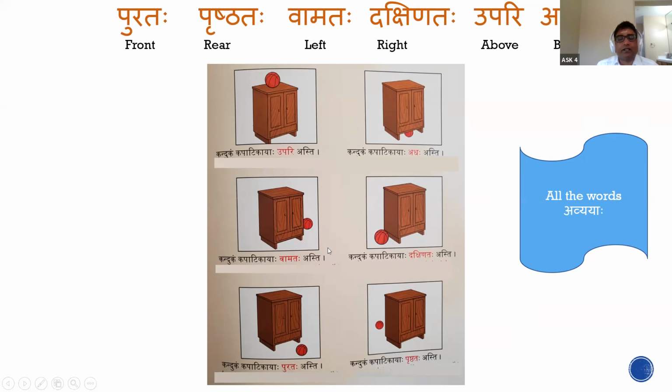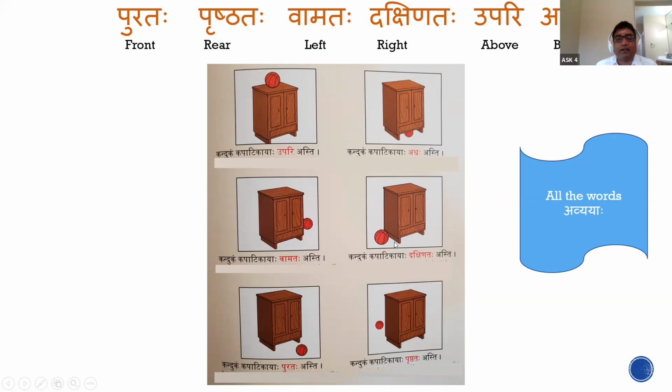So that is one thing you have to be careful about in exams. You must specify of what. Because they may just ask Kandukam Kutra Asti. Then you may say Dakshinataha Asti, or you may say Vamataha Asti. But they might intend some specific answer. You might have written the opposite. Then with all this confusion you will think, hey, I wrote it correctly, what happened? If you specify, that doubt will be cleared.